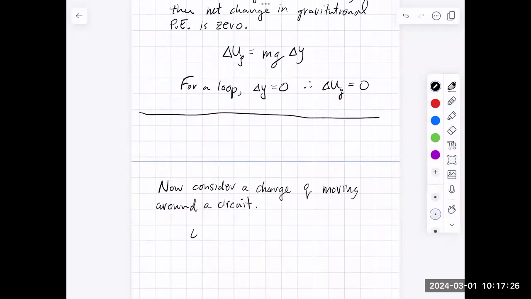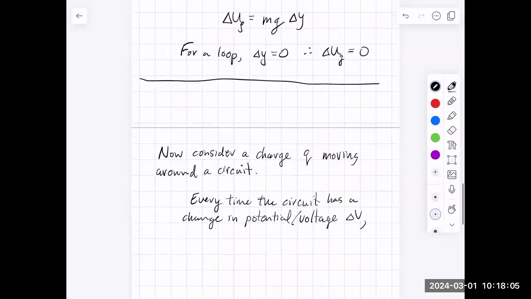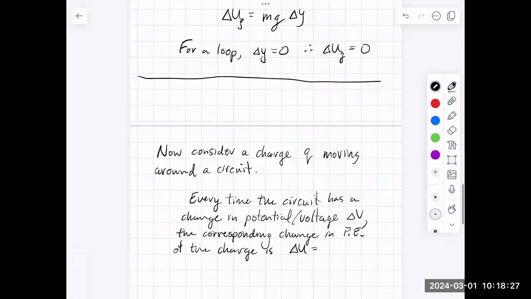Every time the circuit has a change in potential, or change in voltage if you like, so if I take my charge across a battery, let's say I go from the negative terminal to the positive terminal of the battery, it's going to gain potential delta V, and its change in potential energy will be Q times delta V. So every time the circuit has a change in potential or voltage delta V, the corresponding change in the potential energy of the charge is delta U equals Q delta V.